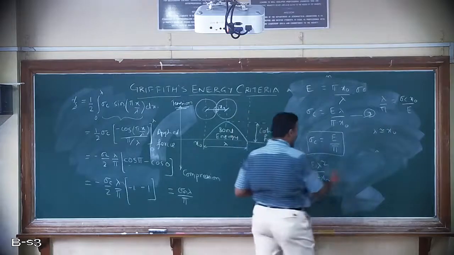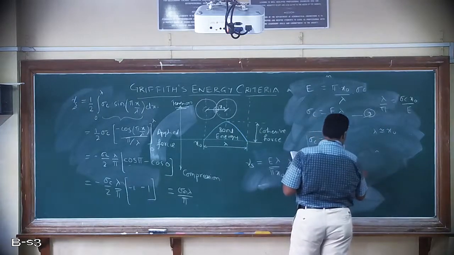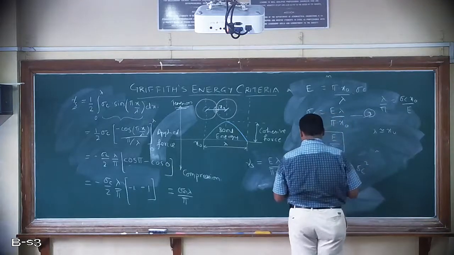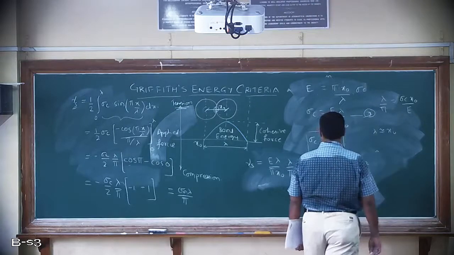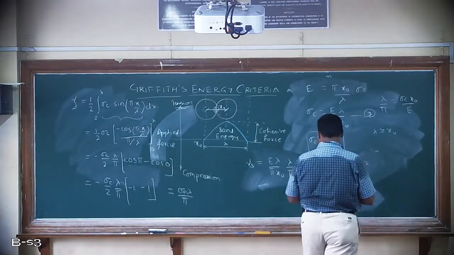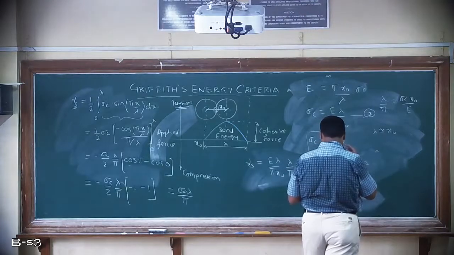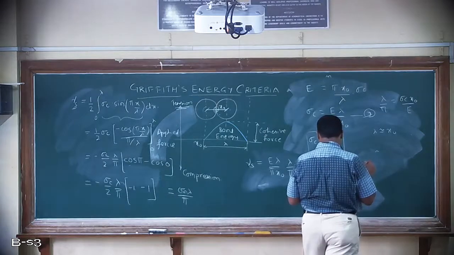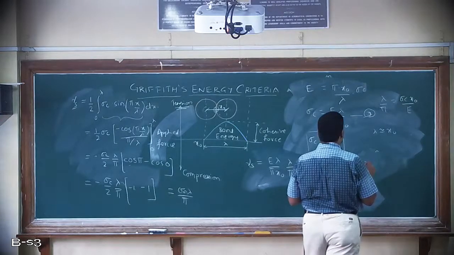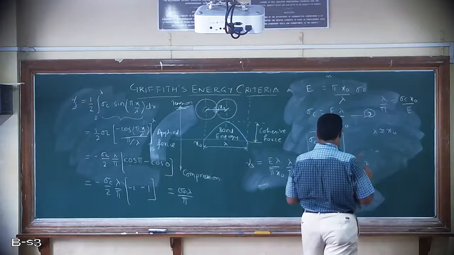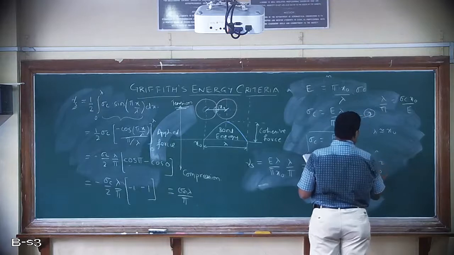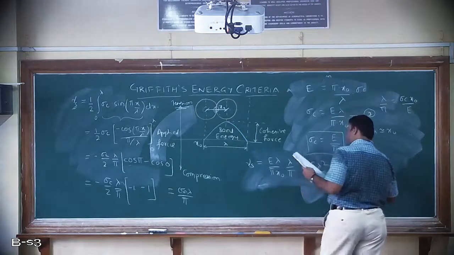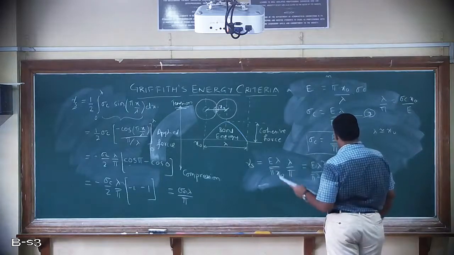So I can write this as E into sigma c square, so I'll substitute here for sigma c square into x naught square upon E square, for sigma c.